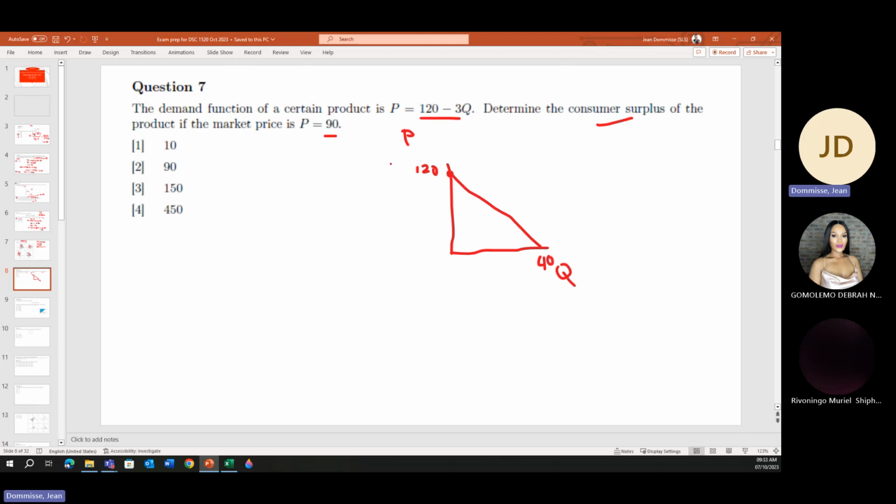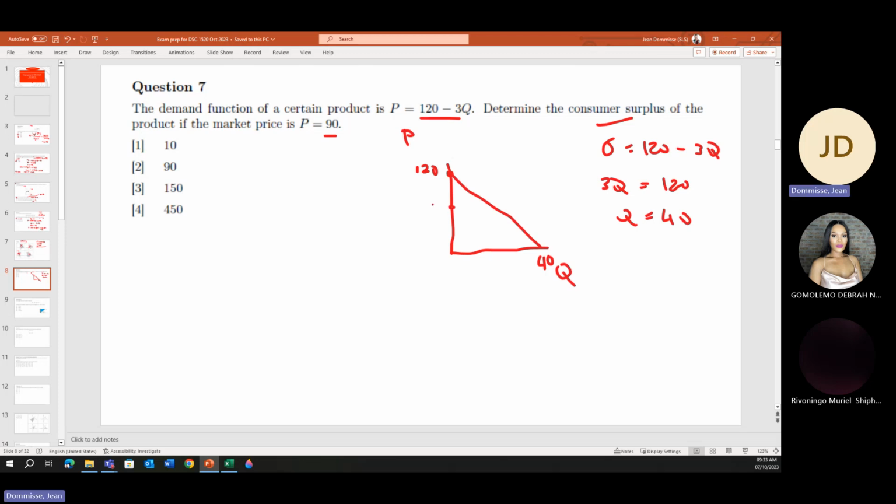I will quickly work it out again. When P is 0, 120 minus 3Q, so 3Q is equal to 120, Q is equal to 40. So this is our demand function line. Now they ask us to determine the consumer surplus of a product if the market price is 90.